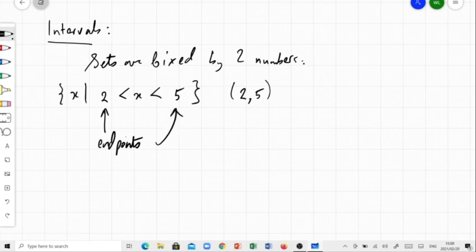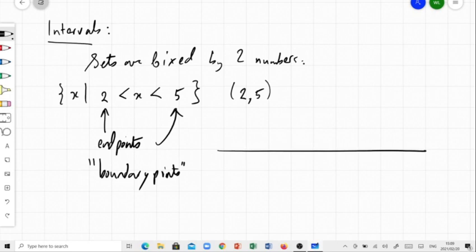They're even called boundary points because, as we see, they will be the boundary of the set. So if I draw them on the real line, these are numbers that are to the right of 2 and to the left of 5, but excluding them. This is one way to represent them.